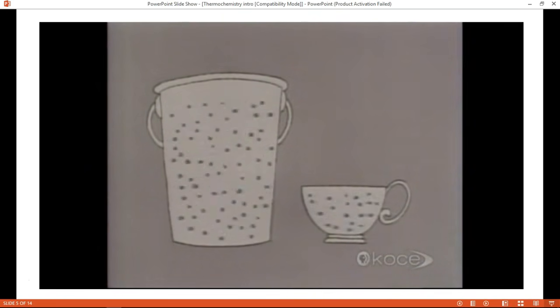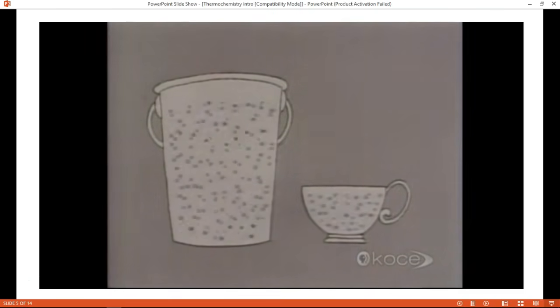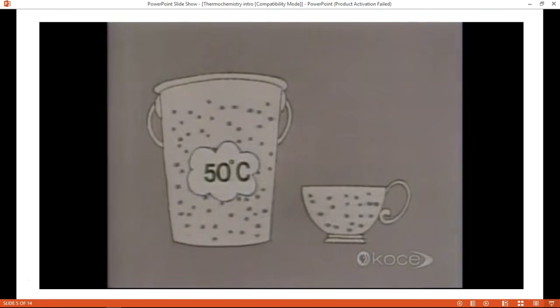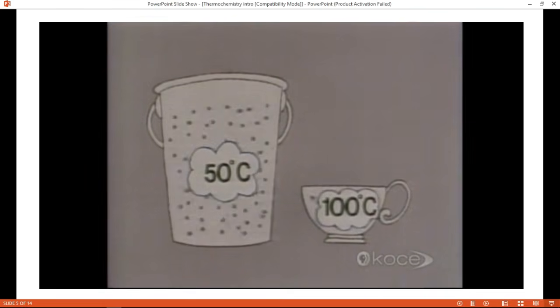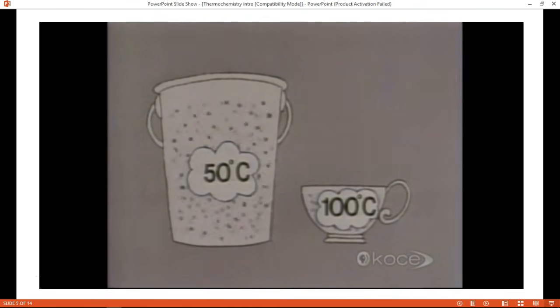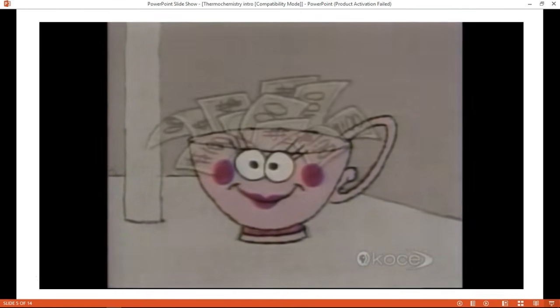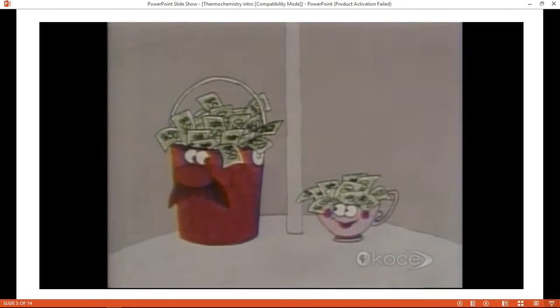The bucket obviously contains many, many more water molecules than the cup does. The temperature of the average molecule in the bucket is 50 degrees, and the temperature of the average molecule in the cup is 100 degrees. Now let's substitute something else for the molecules. Imagine that instead of molecules, the cup were filled with $100 bills, and the bucket with $50 bills.